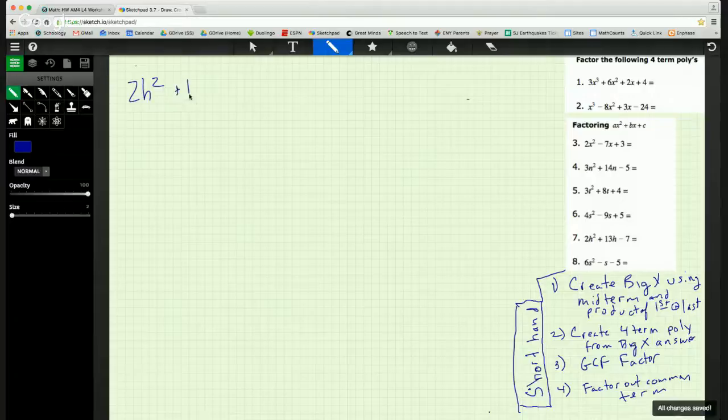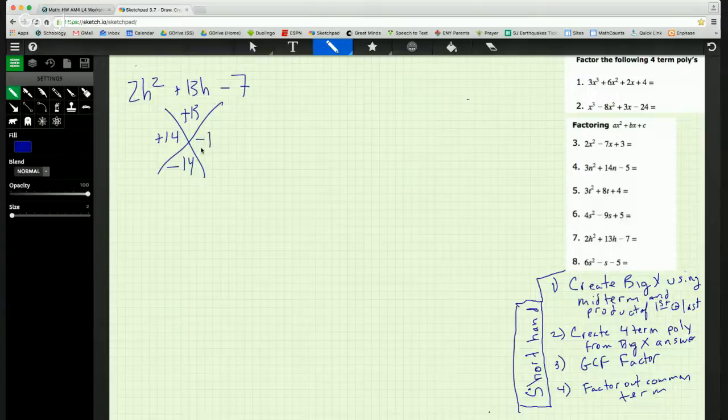2h squared plus 13h minus 7. So we're going to go big X plus 13 minus 14. So I need a negative and a positive because they multiply to a negative number, but add to 13. So let's see, positive 14 and negative 1 will work.